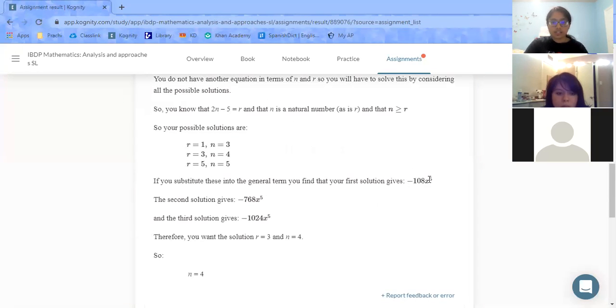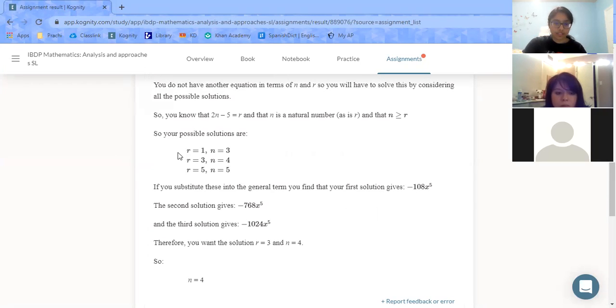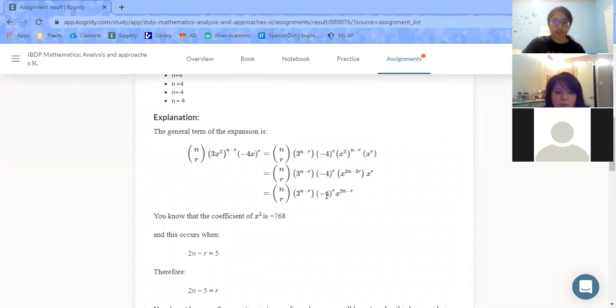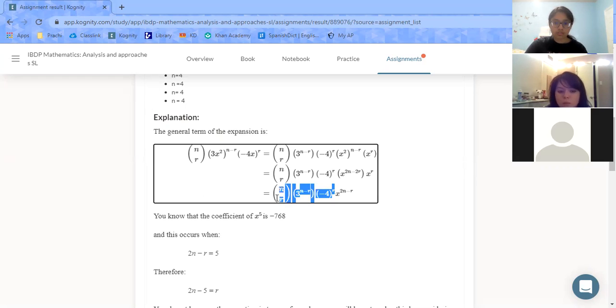And then it said to take these possible solutions and substitute them back into this general term here, because here we have n choose r, and then 3 to the power of n minus r and negative 4 to the power of r. So all of this together should equal negative 768.